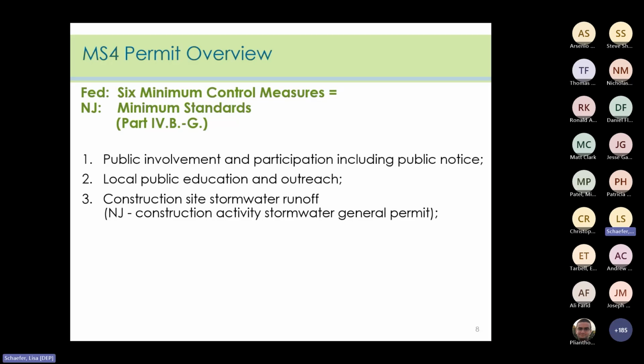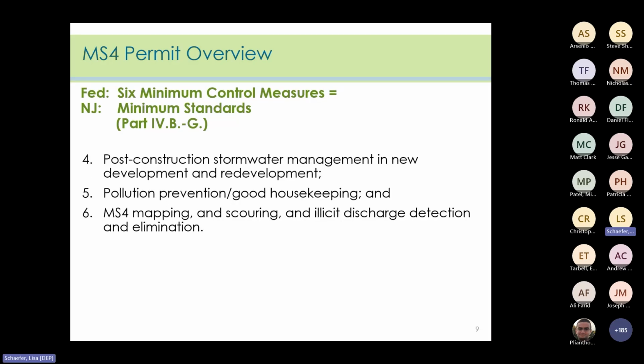Okay, so let's move on to the next 3 minimum standards. 4 is post-construction stormwater management in new development and redevelopment, which requires the permittee to develop, update, implement, and enforce a program to address stormwater runoff. This includes the necessary plans and ordinances in keeping with the requirements of the stormwater management rules. Number 5 is pollution prevention and good housekeeping.